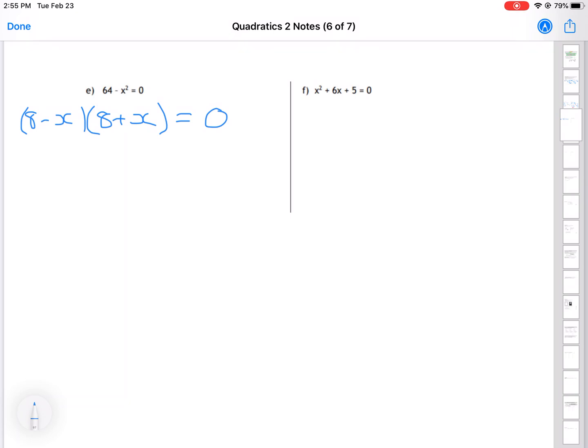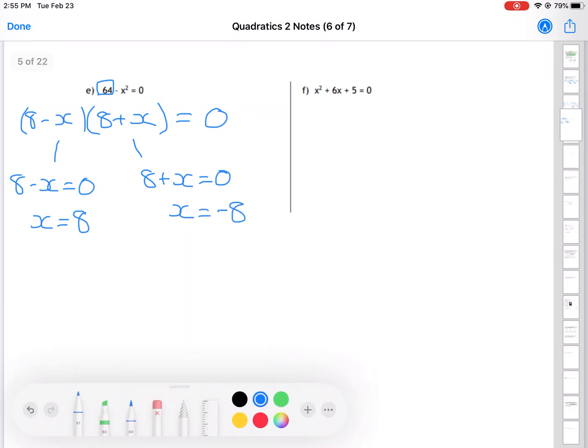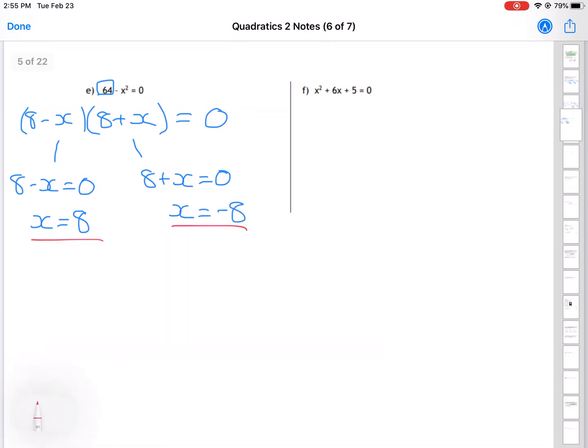The reason the 8 has to come first is because the 64 comes first at the beginning. Splitting those two brackets up, 8 minus x equals 0, so x equals 8. 8 take away 8 would give you 0, which is how you can work that one out. 8 plus x equals 0, take away 8 from both sides, so x equals negative 8 in this case.